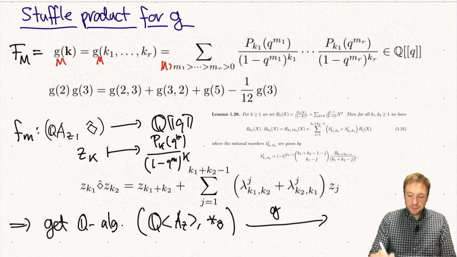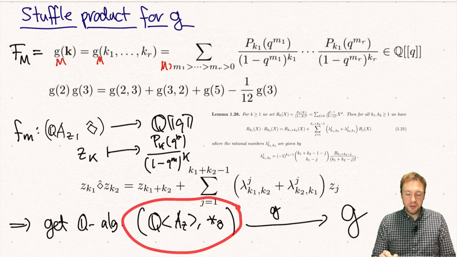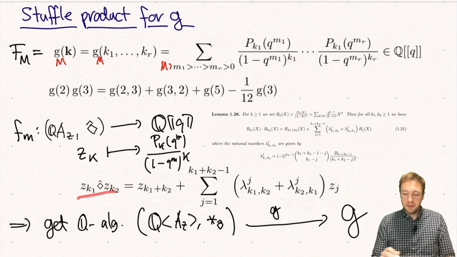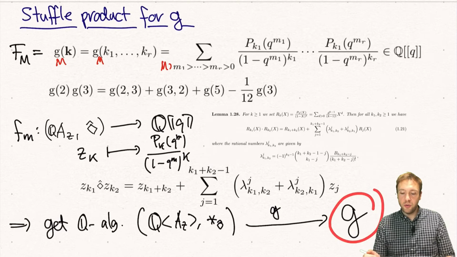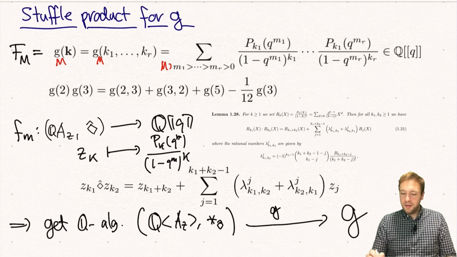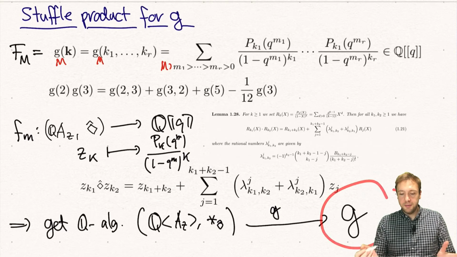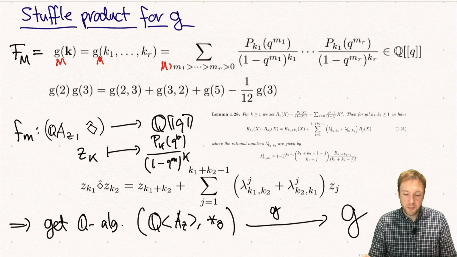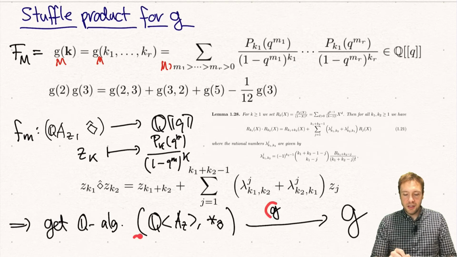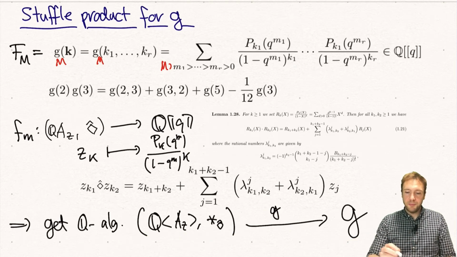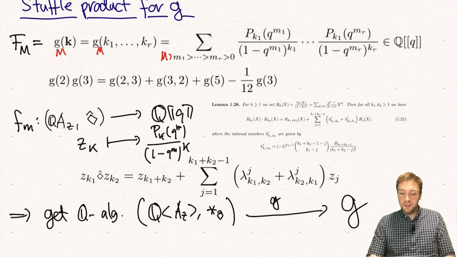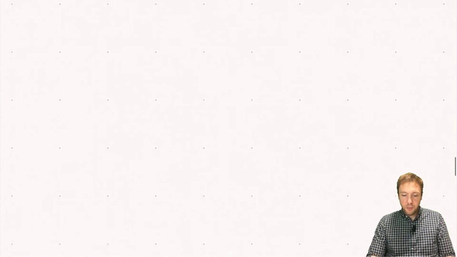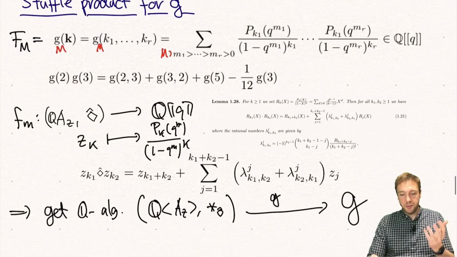So the statement is that we get an algebra homomorphism from this quasi-shuffle algebra defined by this diamond here to the space spanned by our Q series g, which we denote by capital G. This space is also a Q algebra, which follows from our lemma, and this map G is an algebra homomorphism from this quasi-shuffle algebra to the space G. And in this case, we also have the subalgebras we had before, with entries even and greater or equal to 2.